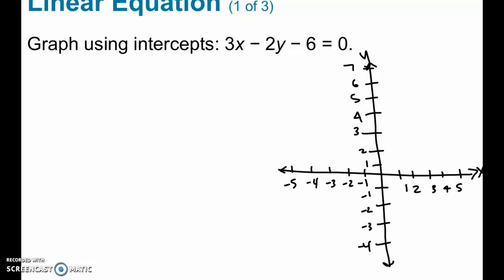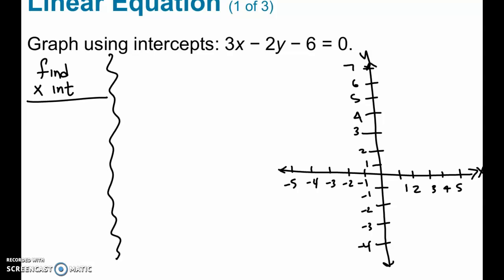And so the first thing I want to do is find, I can do either one. I'll start with finding the x-intercept. So to find the x-intercept, I'm going to say, let's let y equal 0 and solve for x.